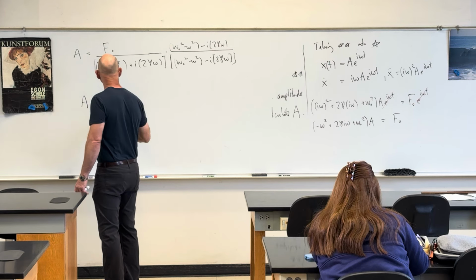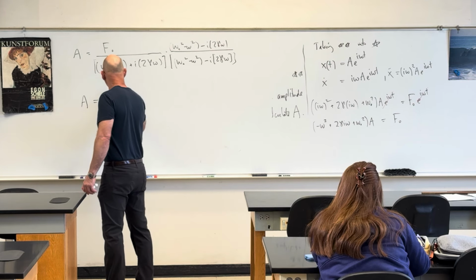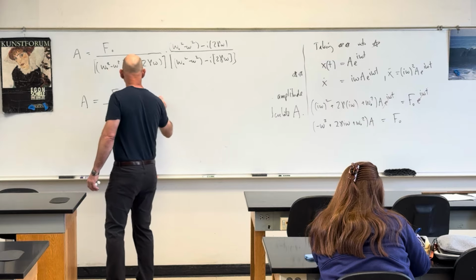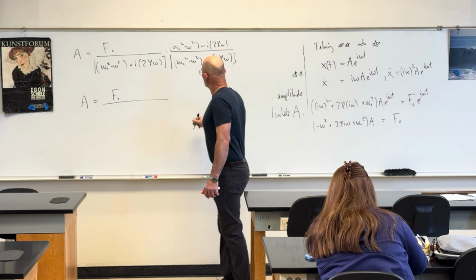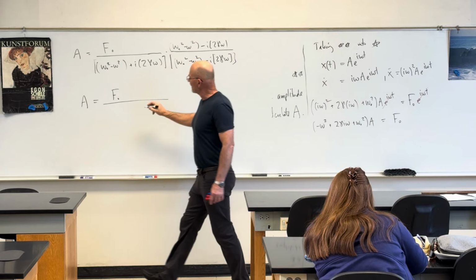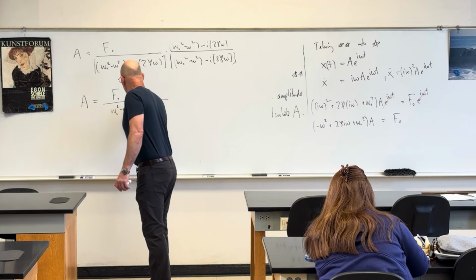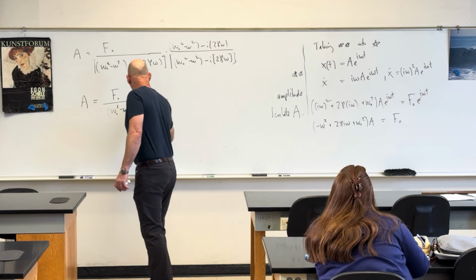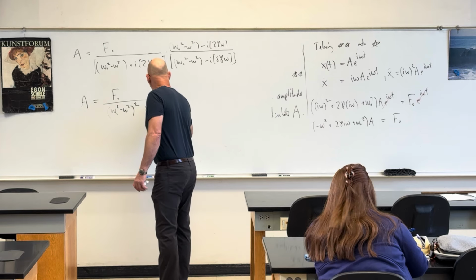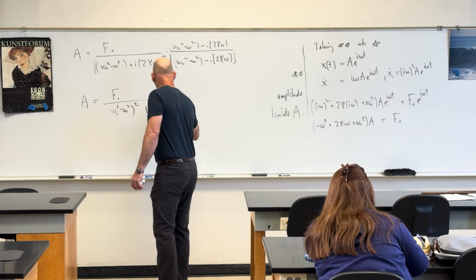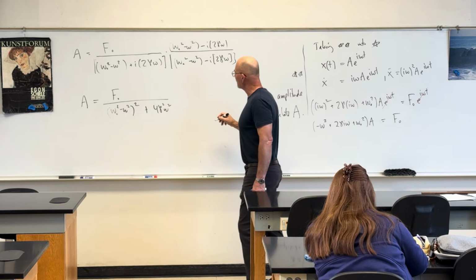So we already have a result here. A number times its complex conjugate, so we've got omega naught squared minus omega squared, squared, plus 4 gamma squared omega squared in the denominator.